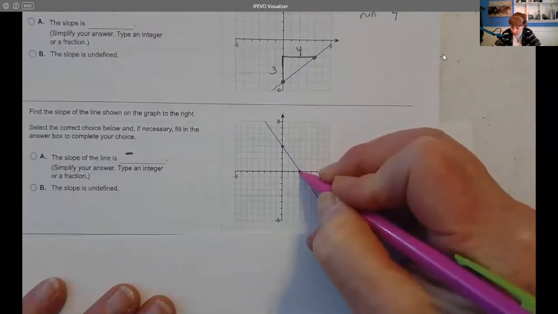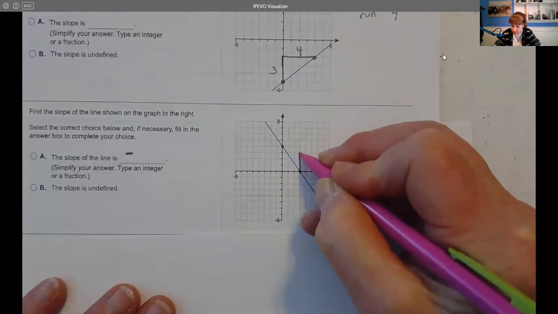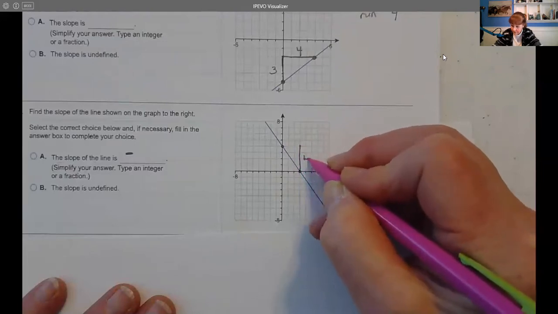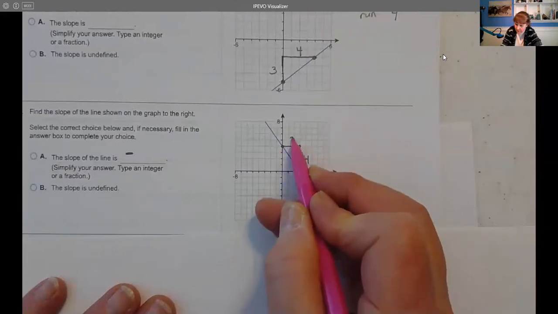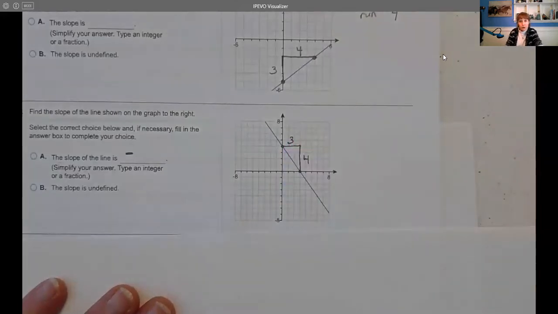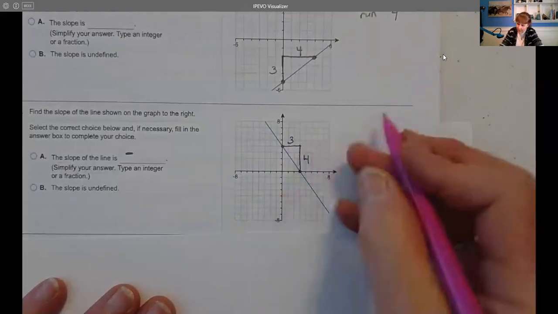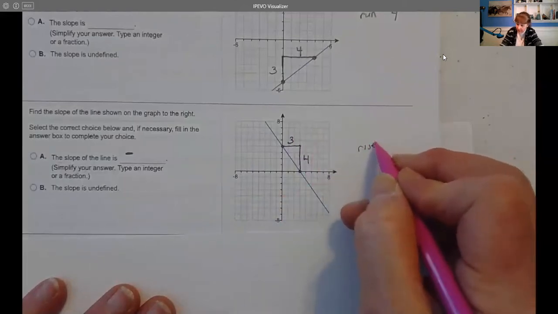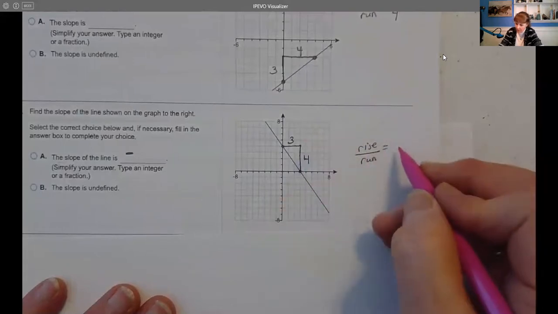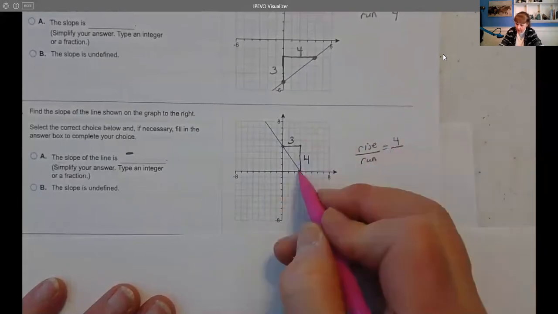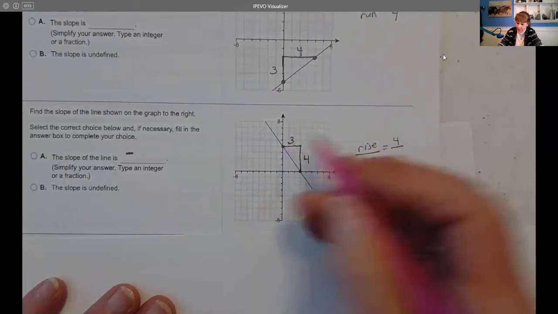So we're going to go up 1, 2, 3, 4, and we're going to go across 1, 2, 3. All right, so our slope is our rise. You go up 4 to go to that next point and over 3.